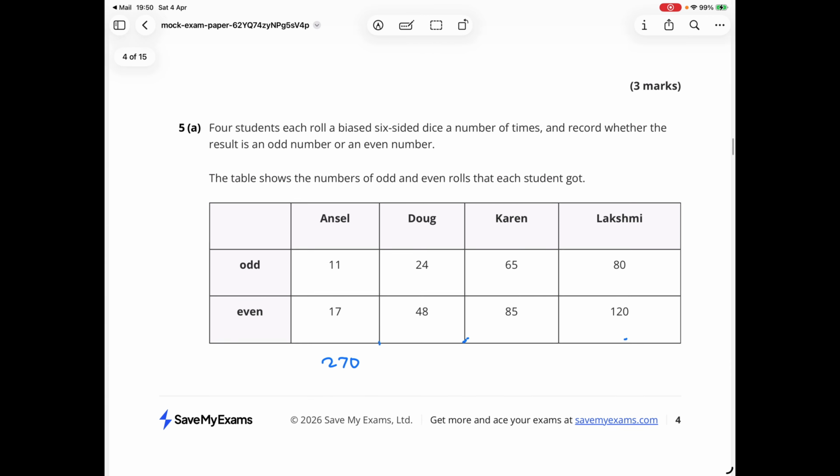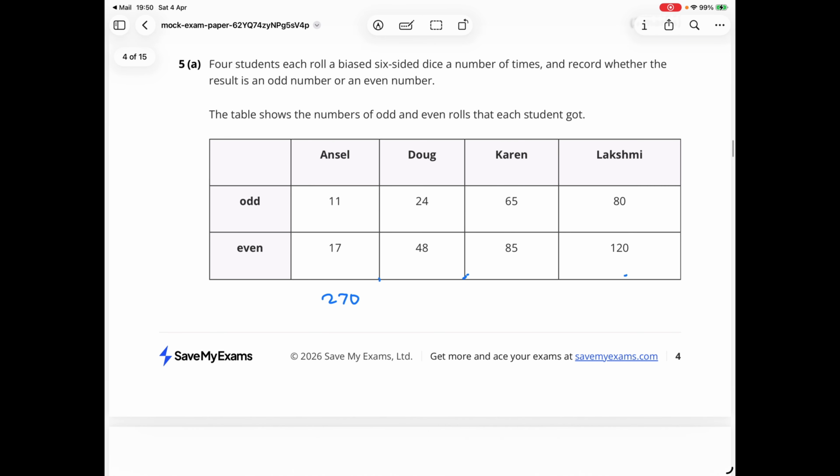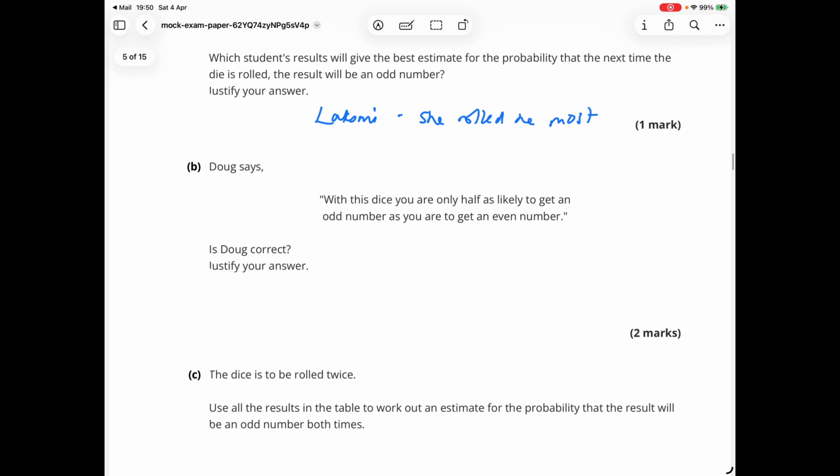Did they give us an easier way to do this? No. And at the top we get 180. So it's 180 over 270, so that's 2 over 3.